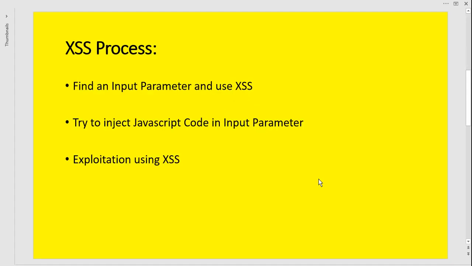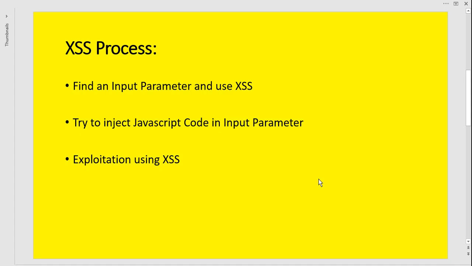First of all, we will find an input parameter and then we will try to run an XSS script in that input parameter. Now what I mean by input parameter, if you visit an e-commerce website, you will find a search bar to search for the different products. So we will try to run XSS on that search bar.